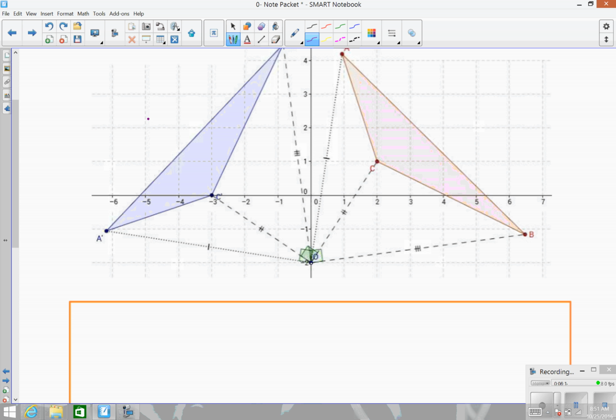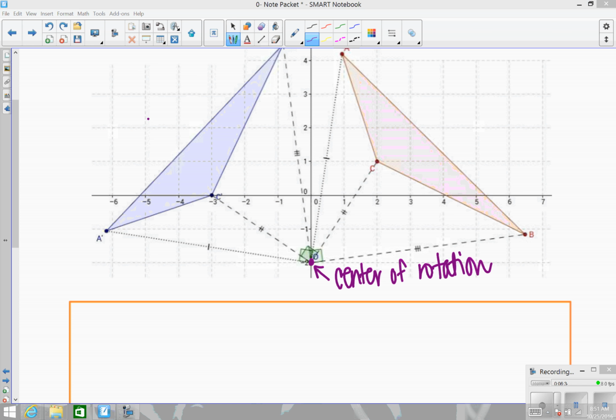So where everything is being measured from, that's the center of rotation. That'll be the same center for the entire rotation, so that won't change. I'm not going to write that as a property, but the center of rotation will not change.